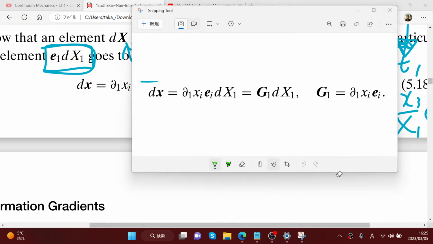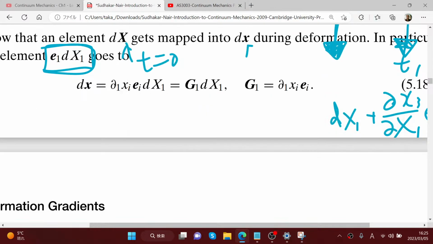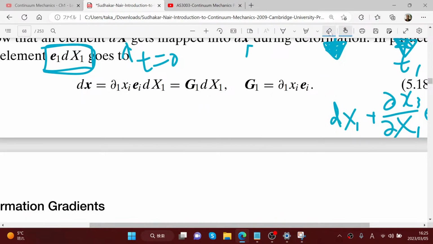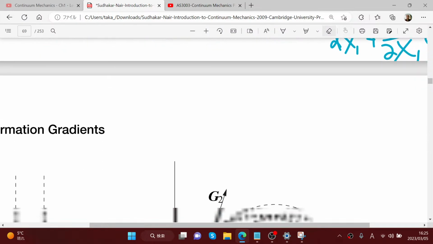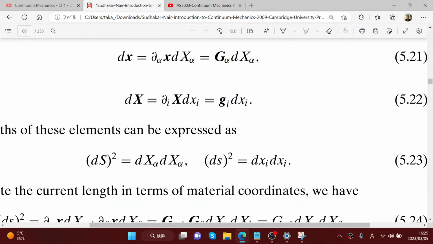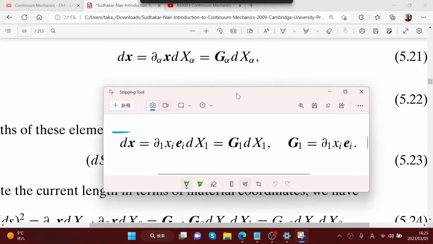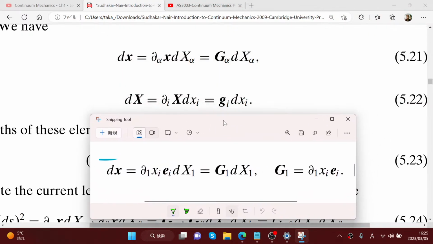Let's see. What's the difference? dx. Now we have summation.